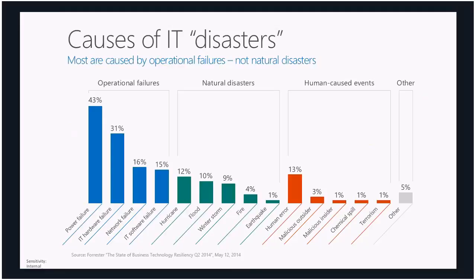Issues on the network are obviously very impactful because everything is tied together through that. So there are many different scenarios that we can classify as an IT disaster, but most of them are in that operational space. So what can we do to mitigate around that, prepare for that, and be in a better position going forward?